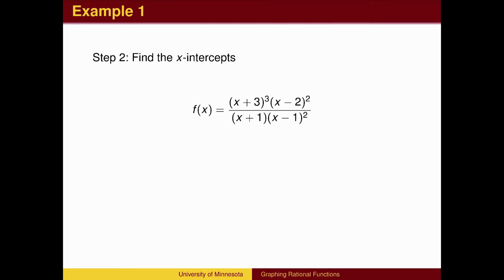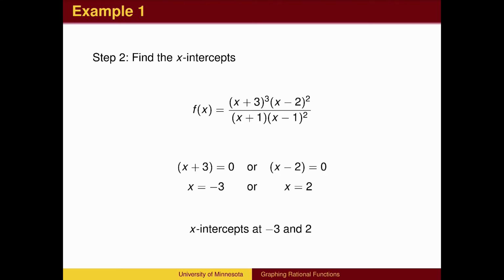The next step is to find the x-intercepts, which occur when the y value or function value is 0. A fraction will equal 0 only when the numerator equals 0. So we need to figure out when the numerator equals 0. This numerator is already factored, so all we need to do is set each factor equal to 0 and solve.